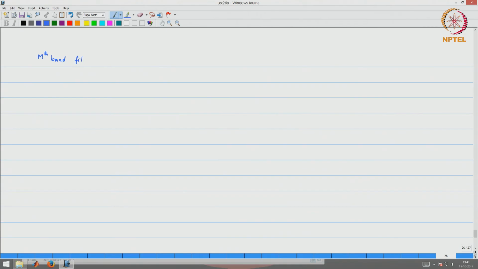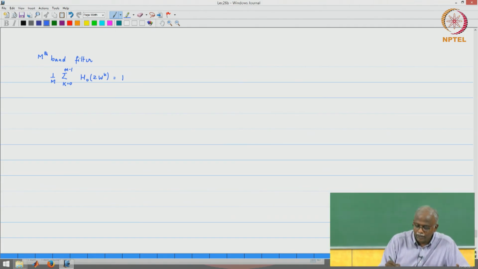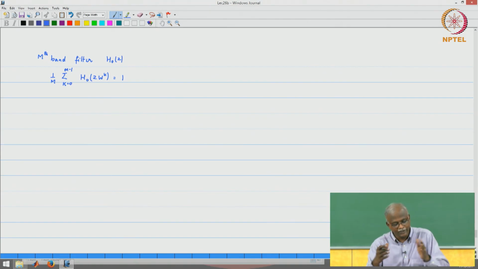Mth band filter basically says that we have the following condition: 1 over m, sum over k equal to 0 to m minus 1, H naught of z W^k equal to 1, equal to a constant. So H naught of z is the mth band filter. The property that it satisfies is that the sum of the shifted versions scaled by 1 over m is a constant.